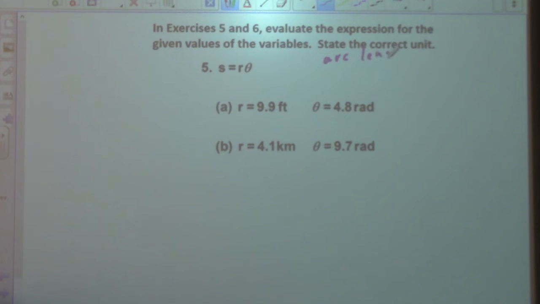S is going to be our arc length, and r is going to be a radius.